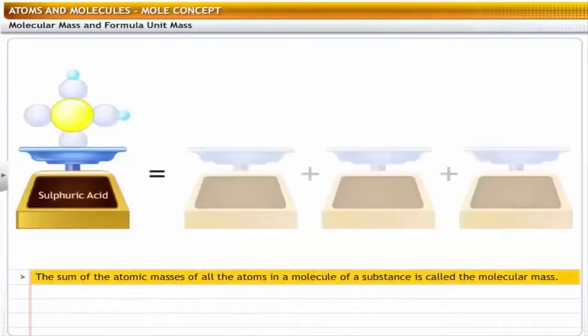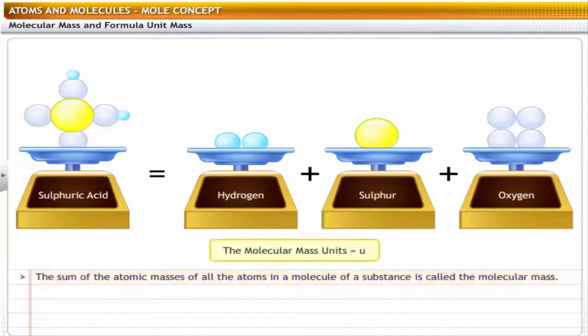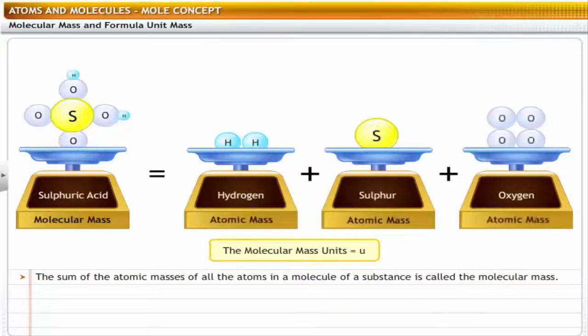Molecular mass of a substance is the sum of the atomic masses of all the atoms in the molecule of a substance. It is therefore the relative mass of a molecule expressed in atomic mass units, u. For example, molecular mass of sulfuric acid is equal to the sum of atomic masses of hydrogen, sulfur and oxygen.